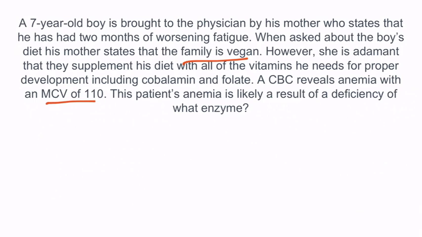However, the question stem further states that his diet has been supplemented with both vitamin B12 and folate, making both of these vitamin deficiencies less likely. Therefore, we can conclude that this patient's macrocytic anemia is likely due to another cause. In this case, orotic aciduria is most likely, which is due to a deficiency of UMP synthase.